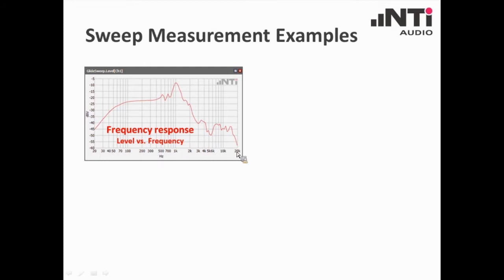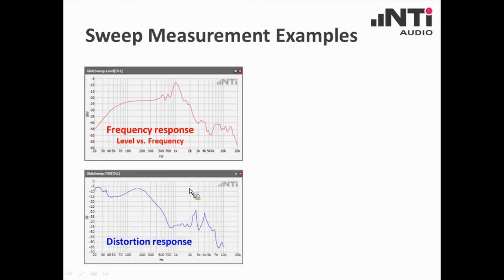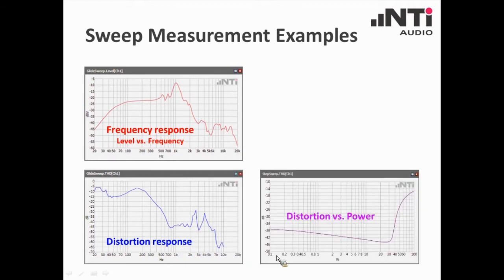That is typically referred to as the frequency response. The distortion response, of course, on the other side, means that we are measuring now the distortion versus the frequency axis. Then we have, in this example, the measurement of the distortion, again, on the y-axis versus the power, for instance, the output power of an amplifier.